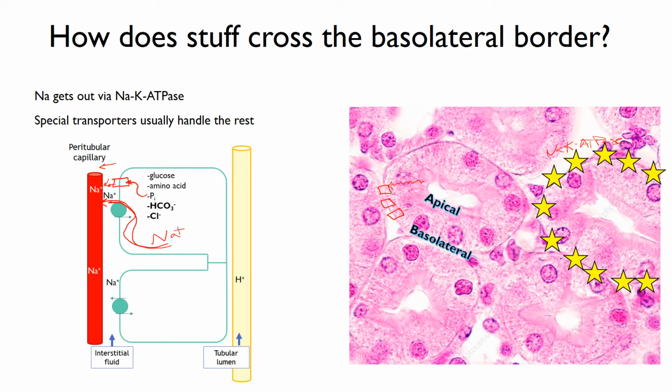And then from there, it can cross and get back into the bloodstream. Or maybe chloride, it has its own special channel, and that's what's depicted here. And then it can get reabsorbed. So usually they have all their own little special channels. And if you go back to the DSA, all of those special channels are listed there and outlined in a more easy to read fashion.